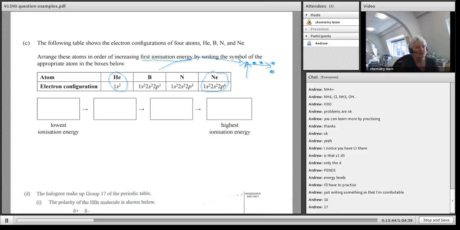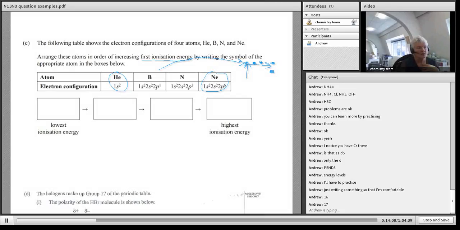Right, yeah. So 16, 17. If that's group numbers, boron is actually group 13 and nitrogen is group 15 if you were doing group numbers. Oxygen and sulfur are group 16 and fluorine and chlorine and the halogens are group 17. But they're also all on the first period.